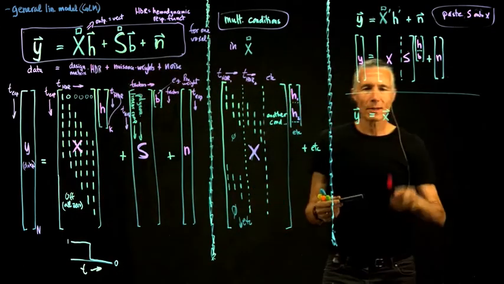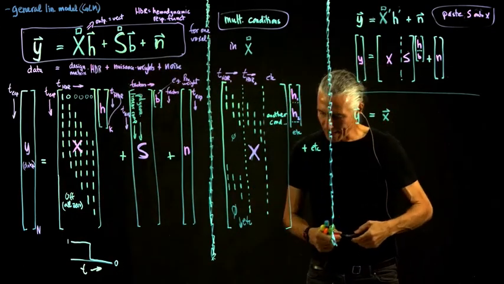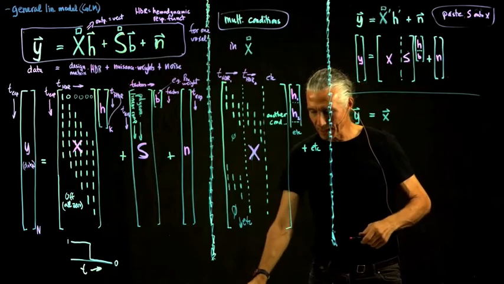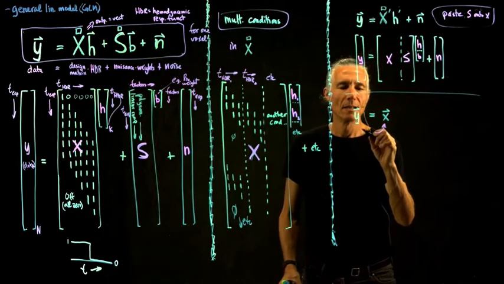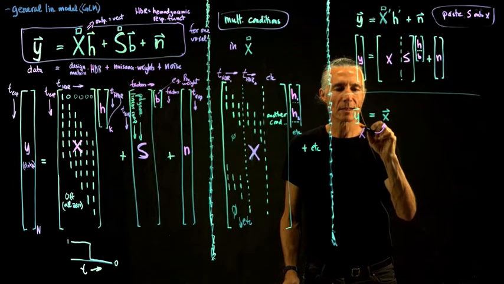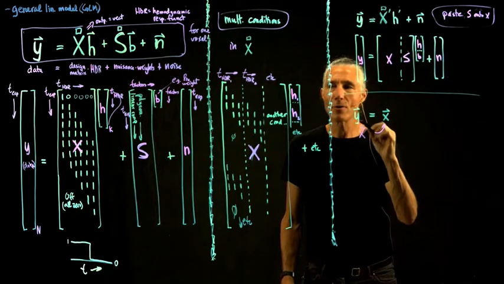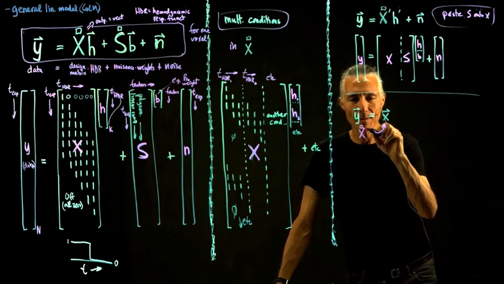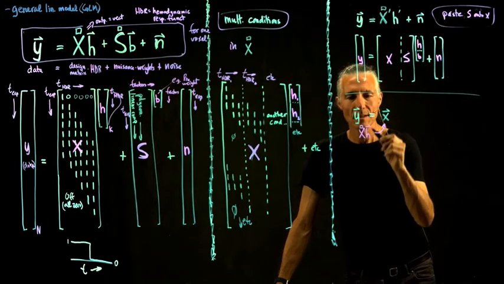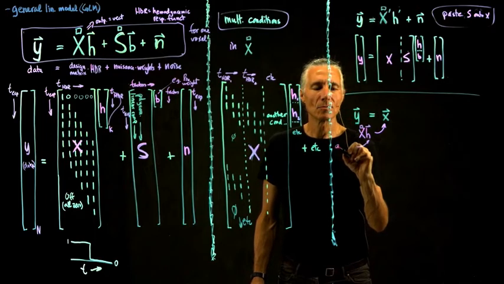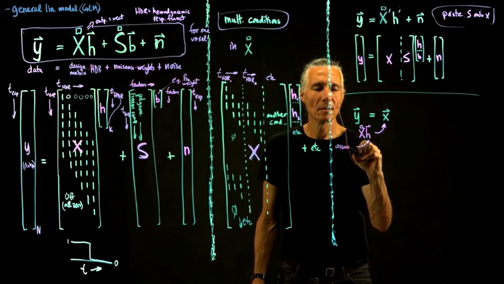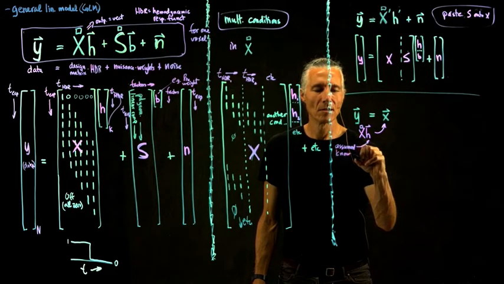So that thing is basically the X matrix times our known hemodynamic response function, assumed known HDR.